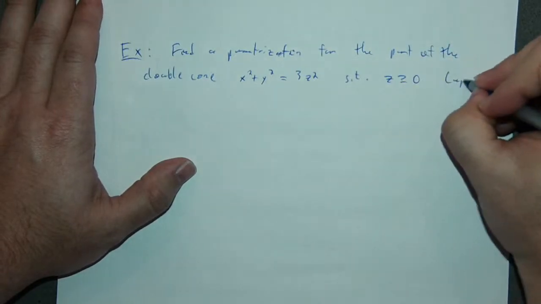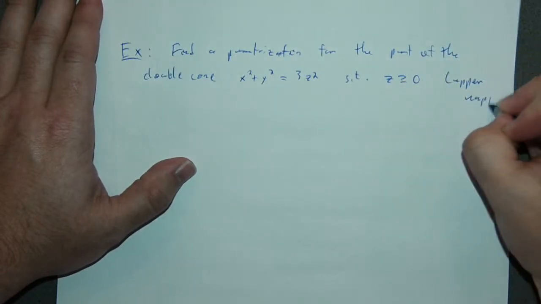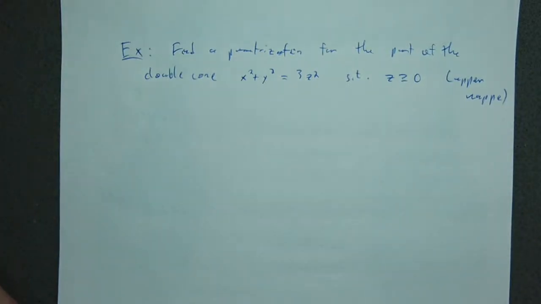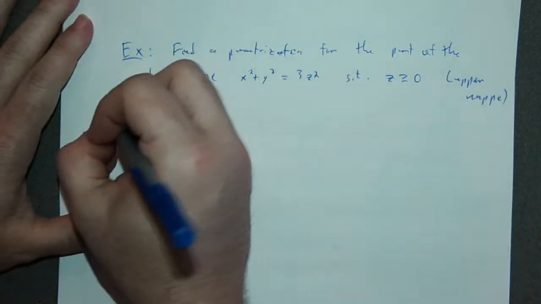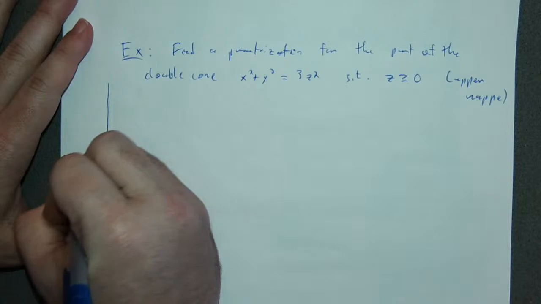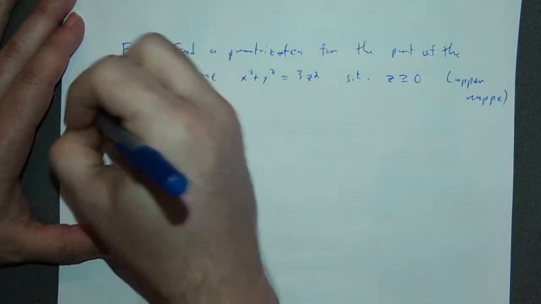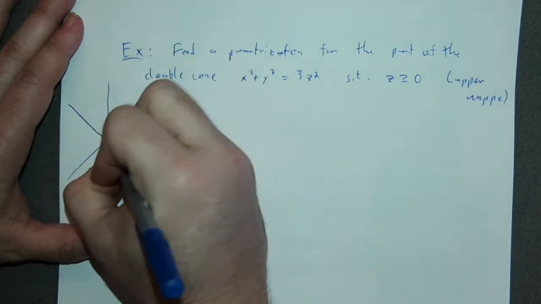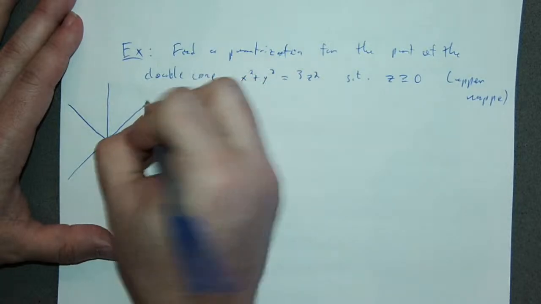So this is the upper nap of the cone. Okay, it is a cone, so again, the idea here is to use spherical coordinates.